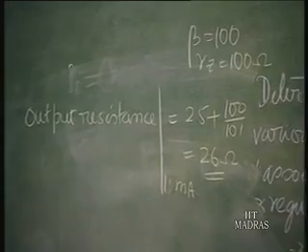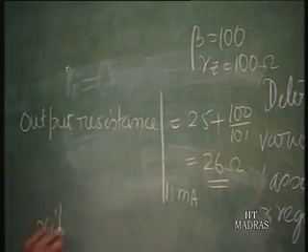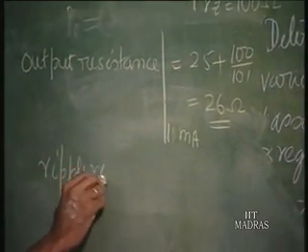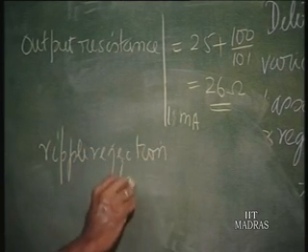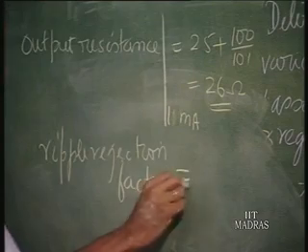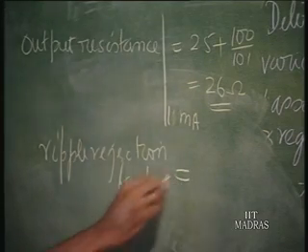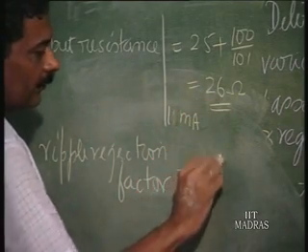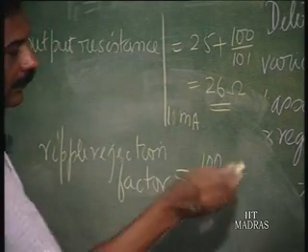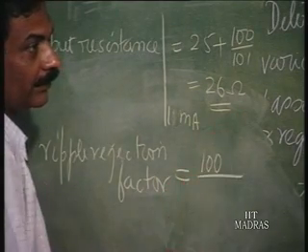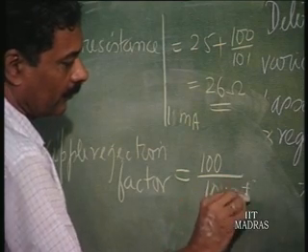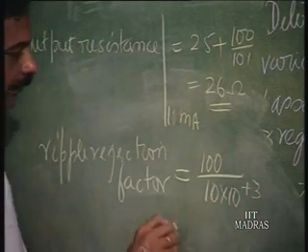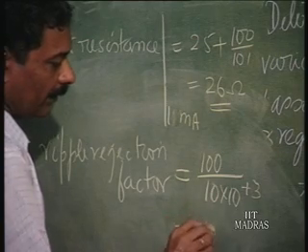Apart from that, ripple rejection factor is going to be R Z 100 divided by 100 plus 10 K. So, 10 K roughly. So, this is equal to 10 to the power minus 2.